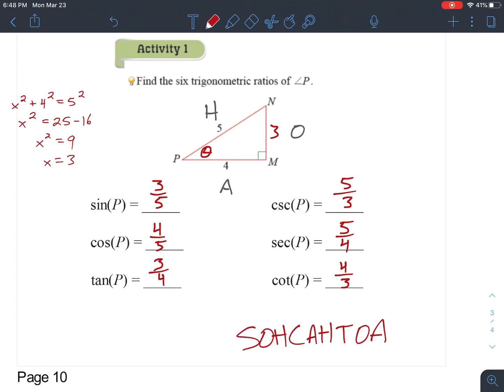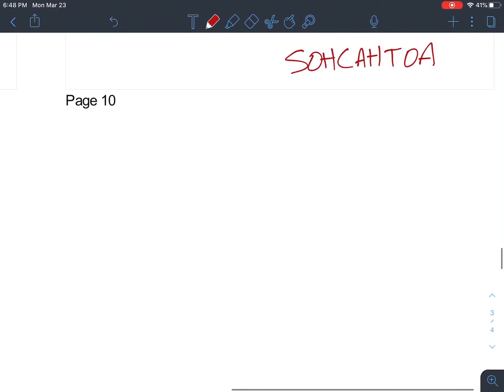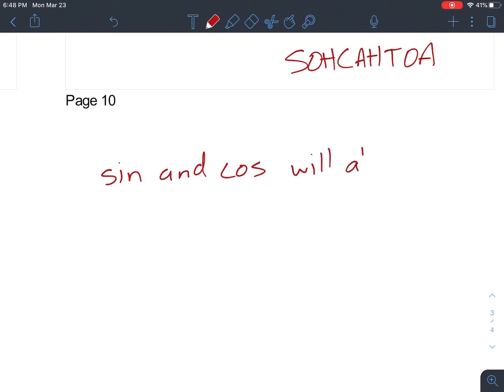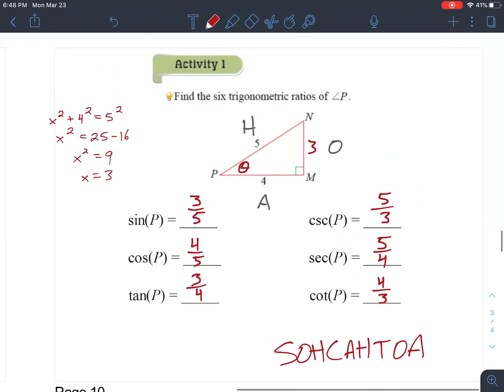Now, I didn't include this as a slide, but it is one thing that I wanted to point out. Sine and cosine will always be less than 1. And the reason, if I go back up to this picture here, is that 5 is the hypotenuse.